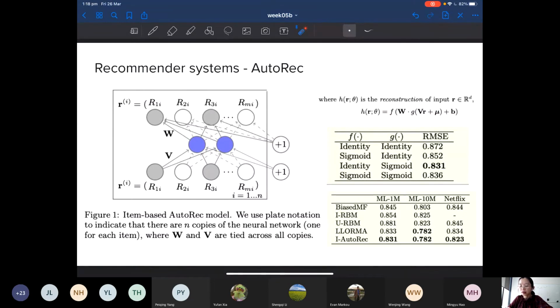So you might ask, what kind of activation do you want to choose? This paper tried sigmoid, identity, and different combinations. We found that having sigmoid nonlinearity in the projection helps, but having it at the reconstruction doesn't quite help. This is root mean square error, lower is better, and not having nonlinearity doesn't help.